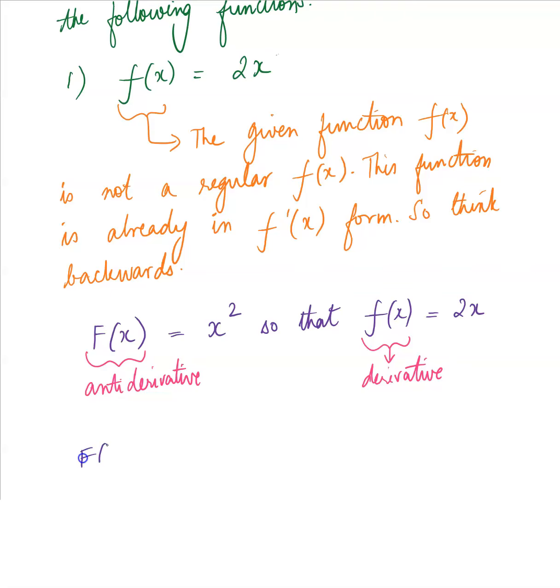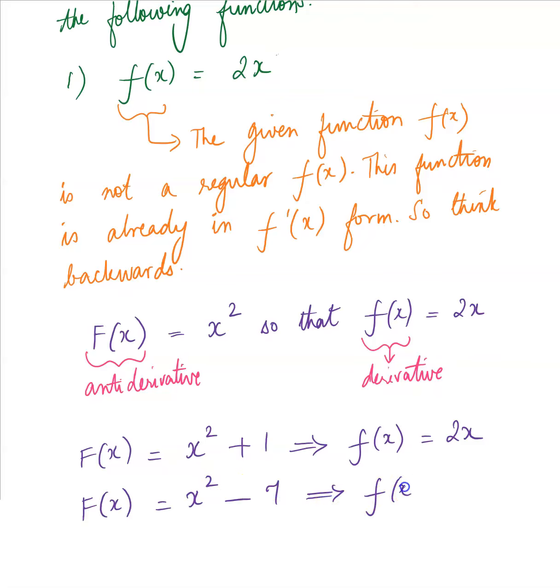But wait, what if my F of x was x squared plus 1? This means its derivative, which is f of x in this case, would also be 2x, isn't it? So what if my F of x was x squared minus 7? That also will come back as 2x.